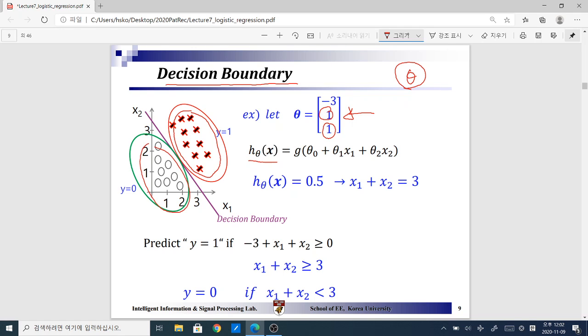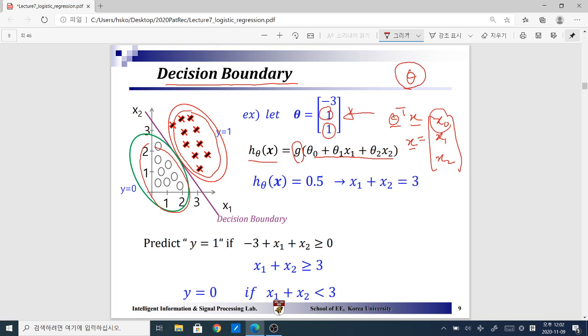The hypothesis function is g over the dot product of the parameter with the feature. So as you can see, the x bar, for example, would be x0, x1, and x2.